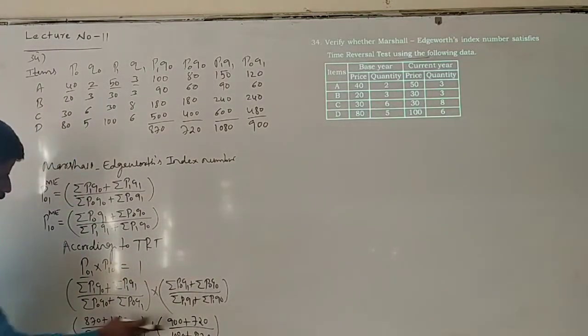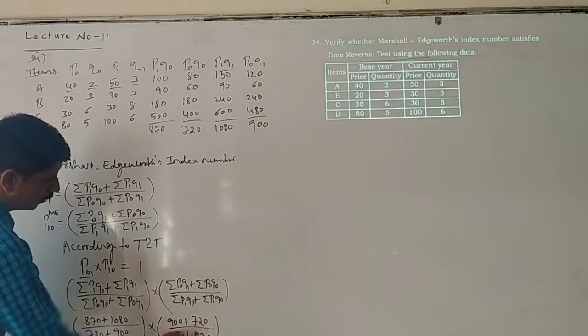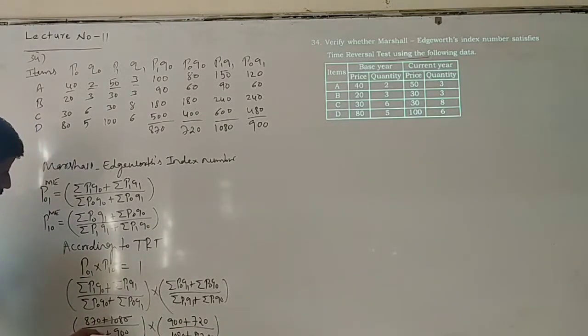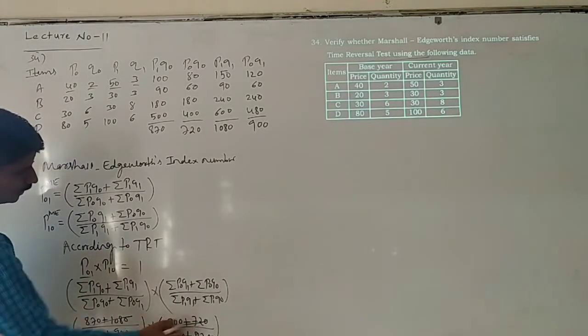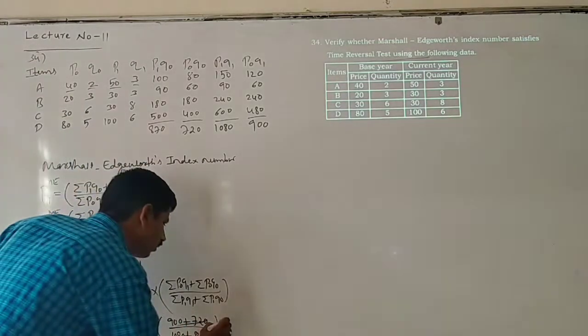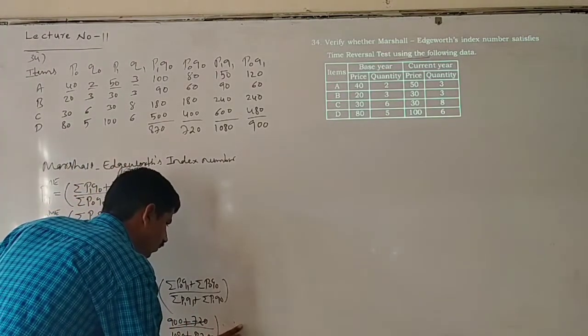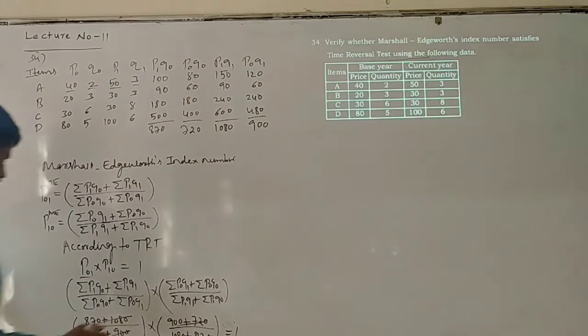Here 870 plus 1080 cancel. 720 plus 900, 900 plus 720 cancel. Okay, it is equal to 1.